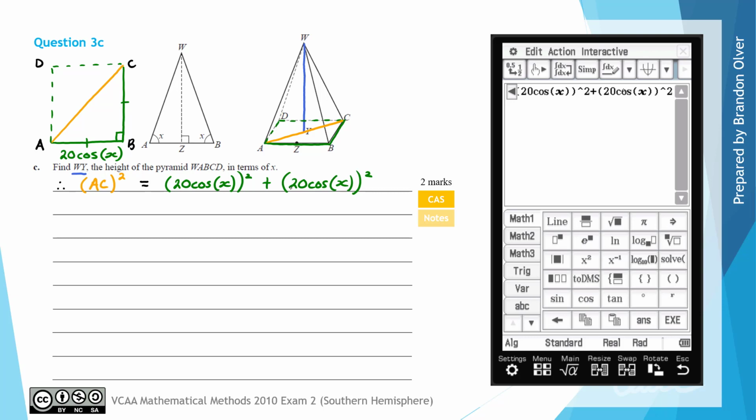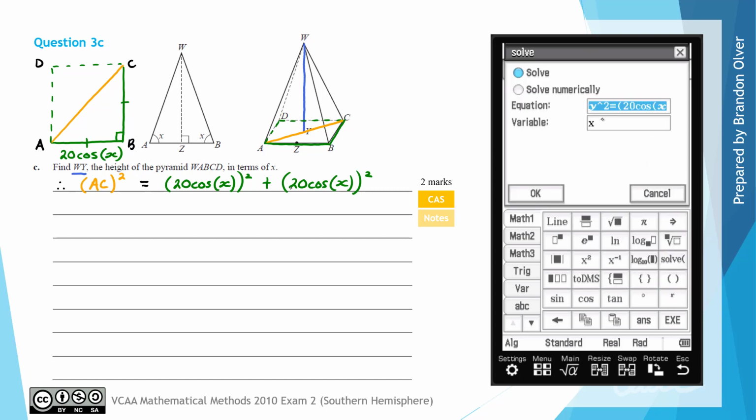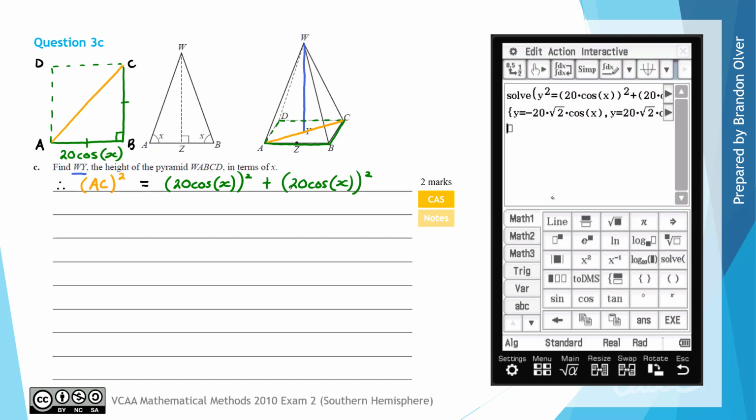So that's what Y is going to equal. And then we could highlight and solve that for Y. So we can go interactive equation equality solve for the variable Y, and that will get AC by itself. And because it's a length, we'd want the positive case just here. The other way you could do that, I'll just quickly show you, is you could understand that if you have AC squared equals, then for a length, we just want the square root of the right-hand side.